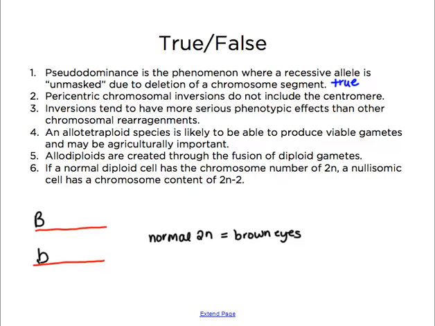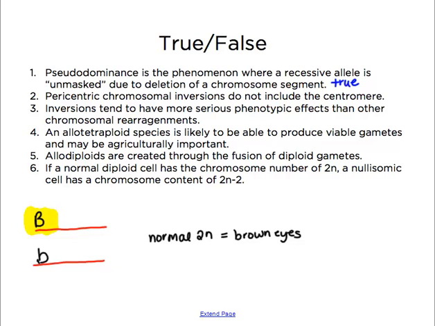However, let's say you deleted, I'll highlight it instead of erasing so you can look back, this part of the chromosome. Now the only allele for eye color that this individual has is this little b allele.